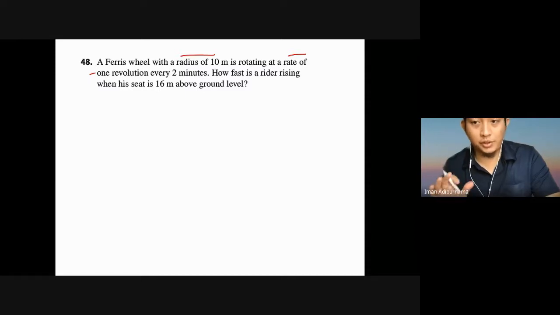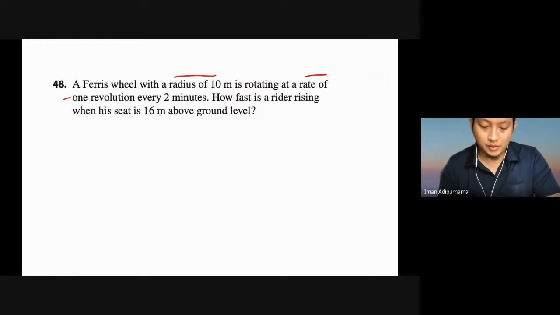First you need to know what this question is about. First is the Ferris wheel.